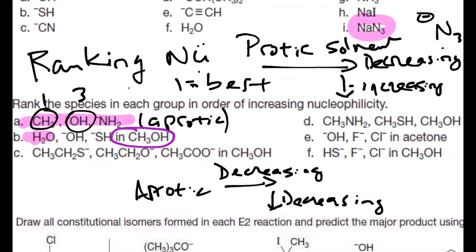Which one do you think is better? Think back to organic one. A negative nucleophile is always better, or more nucleophilic, than a neutral nucleophile. Do you remember that rule from organic one? Yes. So between the water and the hydroxide anion, which one of those two do you think is best?